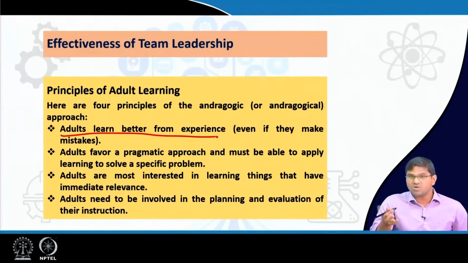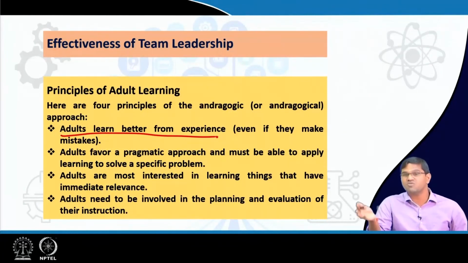When given an opportunity, they will explore and learn from mistakes. When they make mistakes, they learn not to repeat them. When they see a better output, they want to repeat that behavior because it gives better productivity or a better outcome.